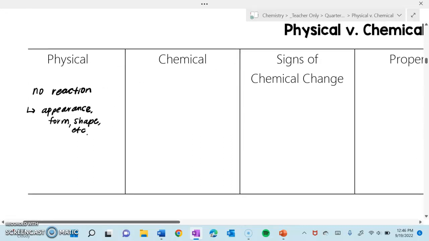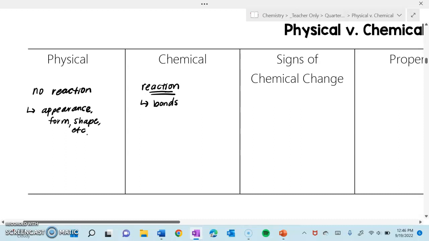Chemical, on the other hand, requires or has a reaction that takes place with the change or the property. And when I say reaction, I'm referring to anything that creates a completely different substance than what you had before. And that requires bonds to break and new bonds to form. So our bonds within the chemical.